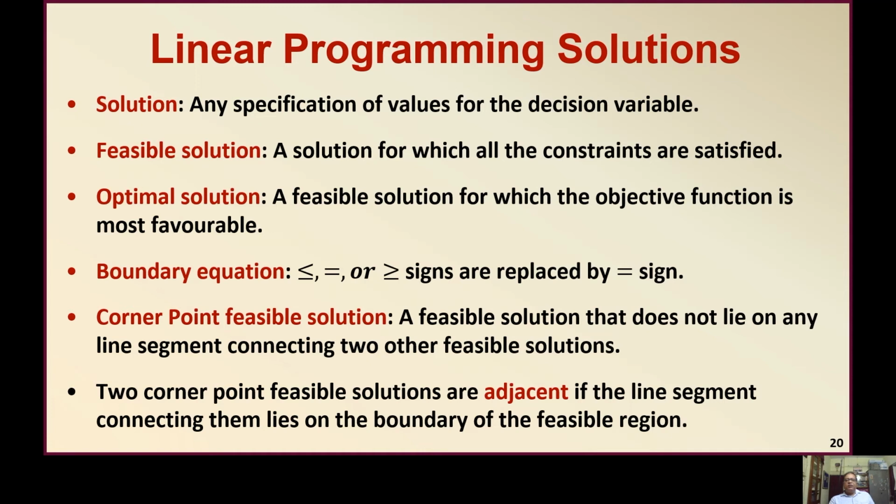Optimal solution: a feasible solution for which the objective function is most favorable. Boundary equation: less than or equal to or greater than or equal to signs are replaced by the equal to sign. Corner point feasible solution: a feasible solution that does not lie on any line segment connecting two other feasible solutions. And two corner point feasible solutions are adjacent if the line segment connecting them lies on the boundary of the feasible region. So these you already know.